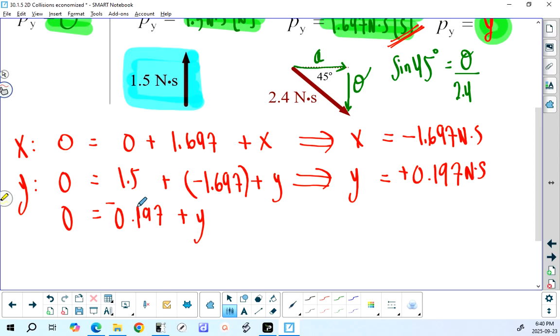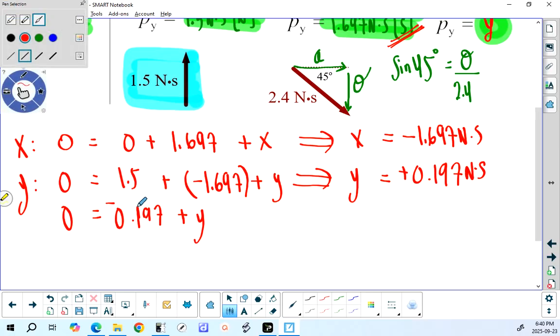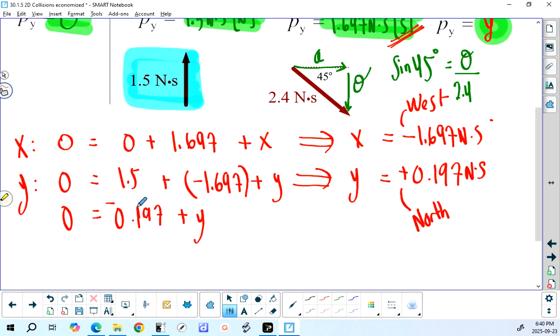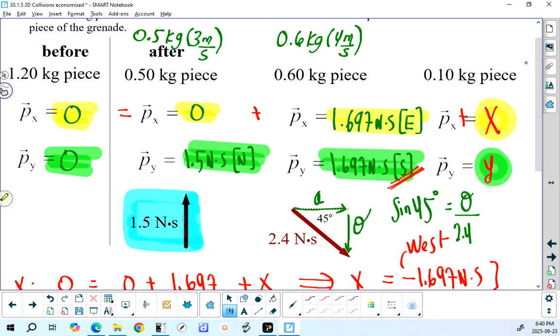This negative here means west. This positive here means north. And these two are for the third piece. And I never really addressed this, but the third piece has a mass of 0.1 kilograms because the three pieces have to add to give 1.2 kilograms.